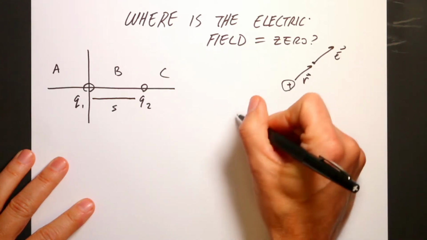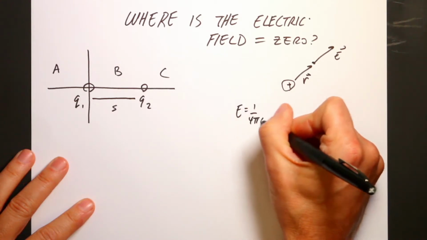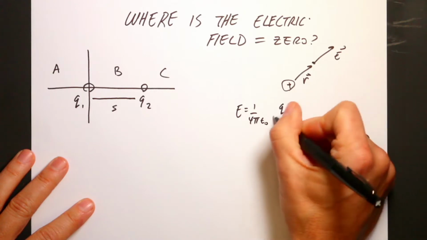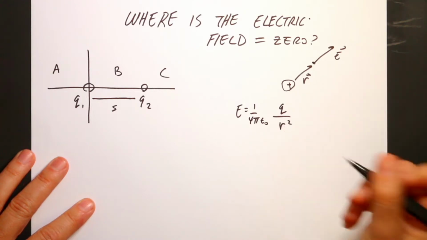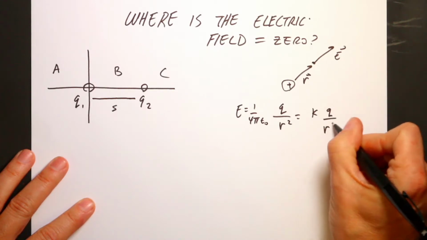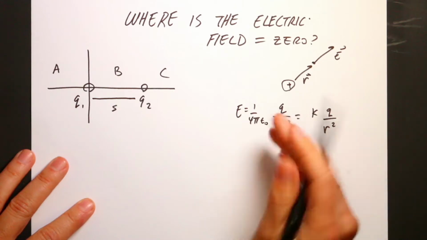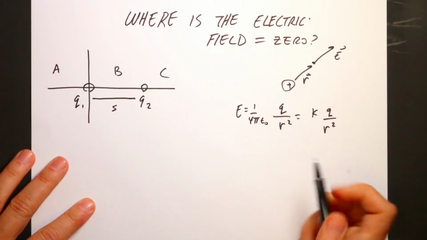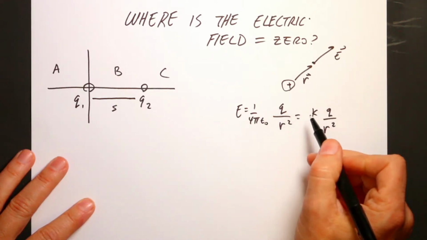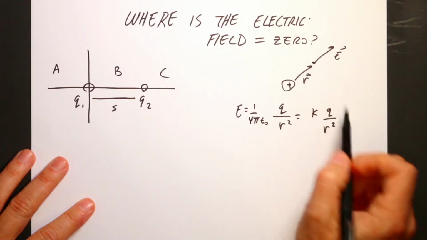The magnitude of the electric field is 1 over 4 pi epsilon naught times q over r squared. You may see that as k times q over r squared, where k is the Coulomb constant. It's just a constant, it doesn't matter, and it definitely doesn't matter in this problem. Wait, does it? No, I don't think so. Okay, but this is a vector.